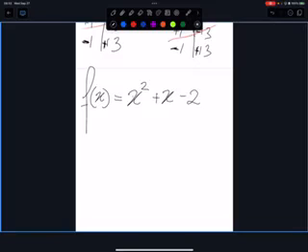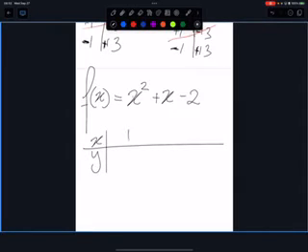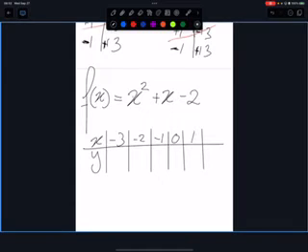Sketch, graph this quadratic equation. So before you start drawing a graph or sketching a graph, the first thing you need is a table.